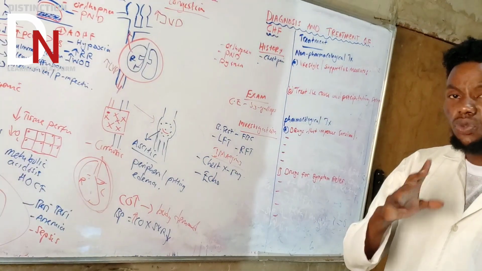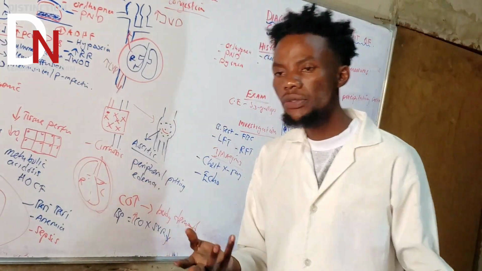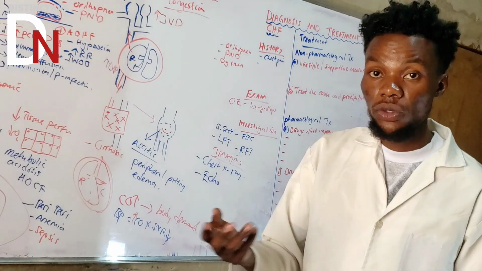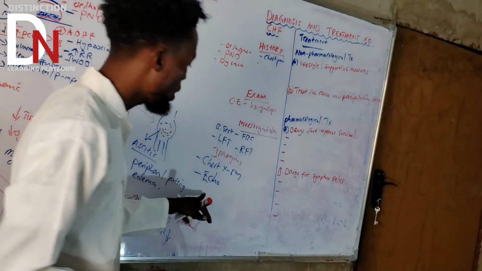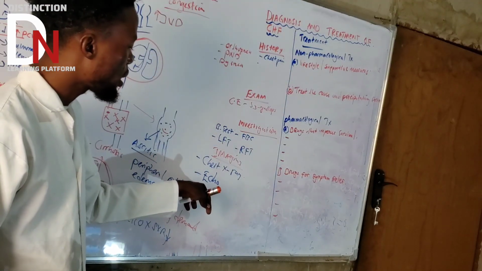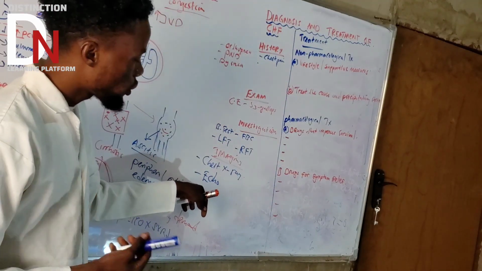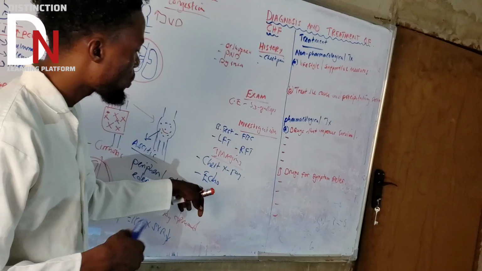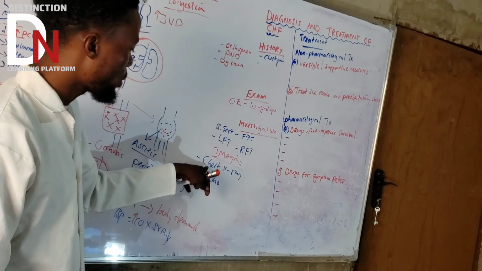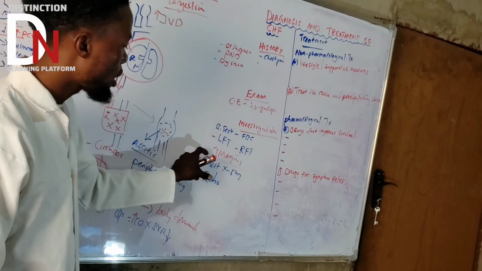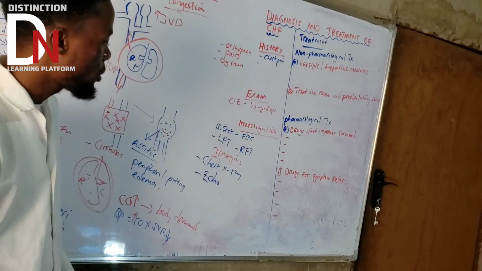It's also going to tell you about the size of the heart chambers. So the very important thing is that echo is very important for the ejection fraction, to help you differentiate those types of heart failure, the classification that I talked about. Chest X-ray and echo are very, very important diagnostic procedures.